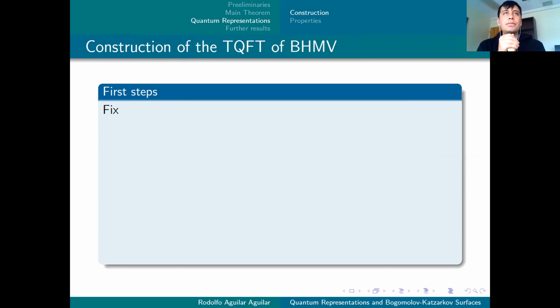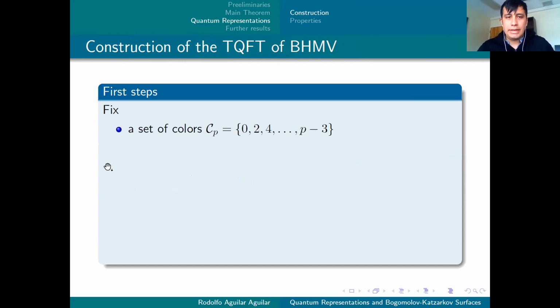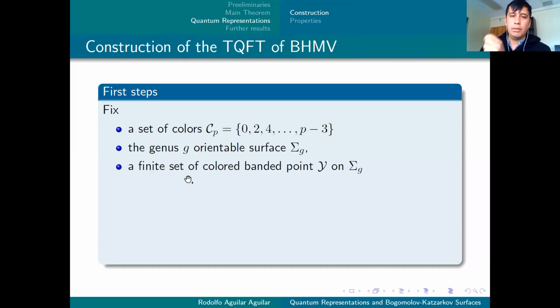I want to fix all the combinatorial data that will give me this TQFT, and it's going to be given as follows. I will fix a set of colors. The colors for us will be just some even numbers: 0, 2, 4, up to p minus 3. Recall that p is odd. We will fix a genus g orientable surface, and we will consider a finite set of colored banded points.